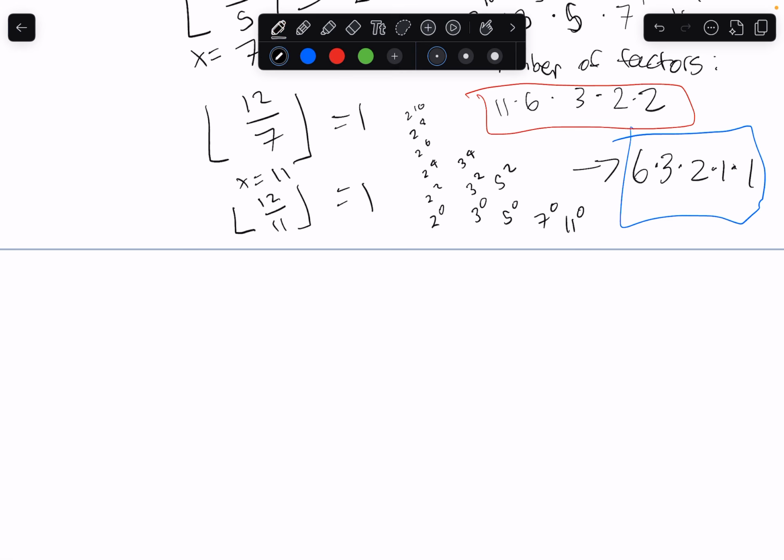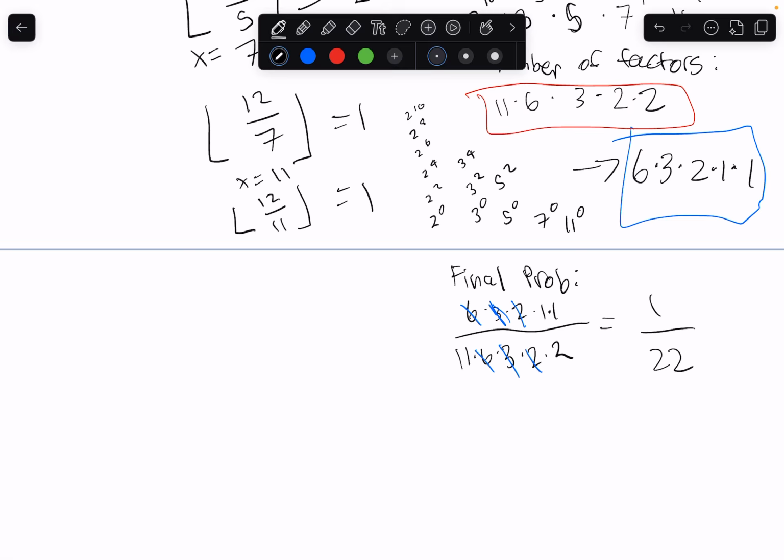So the final probability is 6 times 3 times 2 times 1 times 1 over 11 times 6 times 3 times 2 times 2. Thankfully we didn't calculate the product earlier, because most of the terms cancel out. All we're left with is 1 in the numerator and 22 in the denominator. So we have our m over n, 1 over 22.